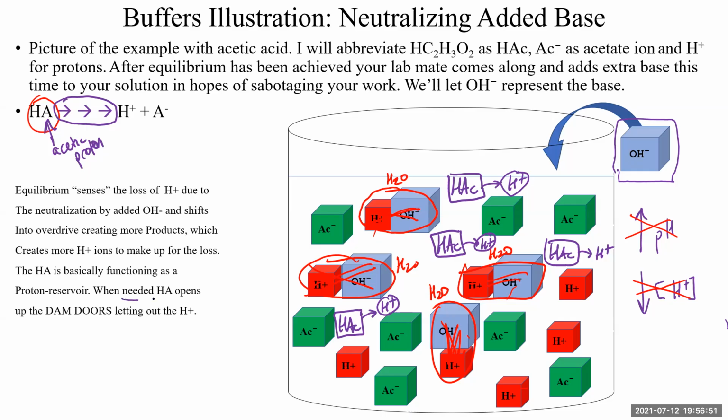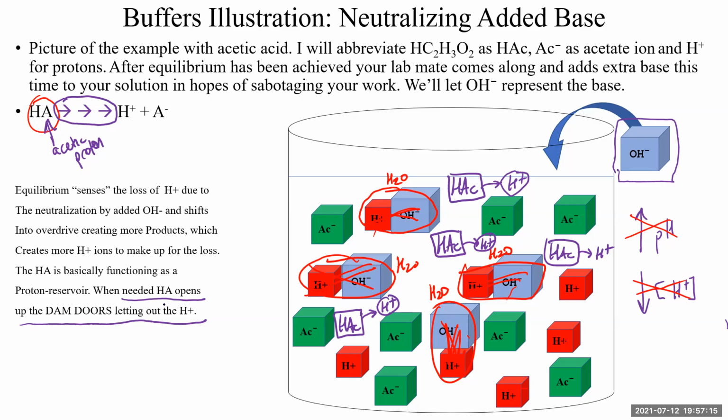So when needed, HA opens up the dam doors, the dam meaning the reservoir dam. So HA, acetic acid, this weak acid, will open up the doors of the dam to let flow more of the hydrogen ions. And when there's enough, it closes the doors and you don't have any excess hydrogen coming in.